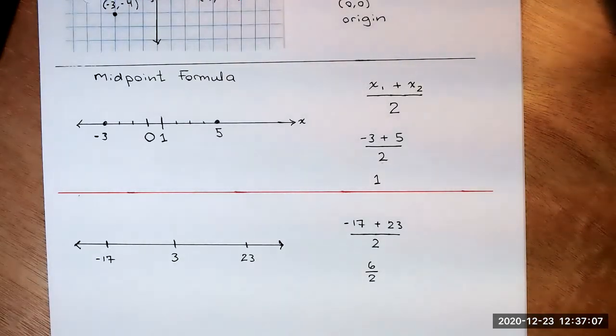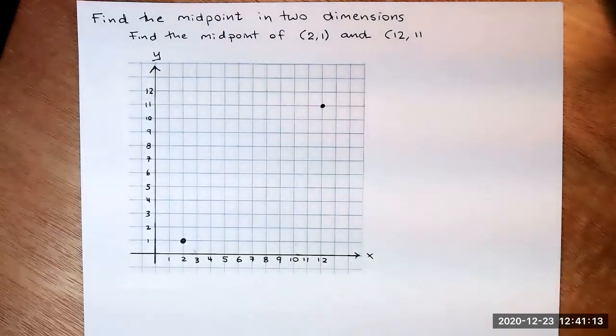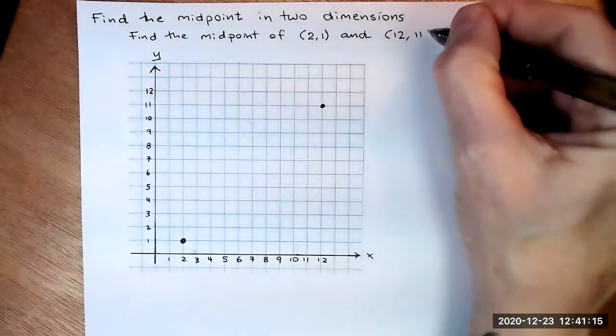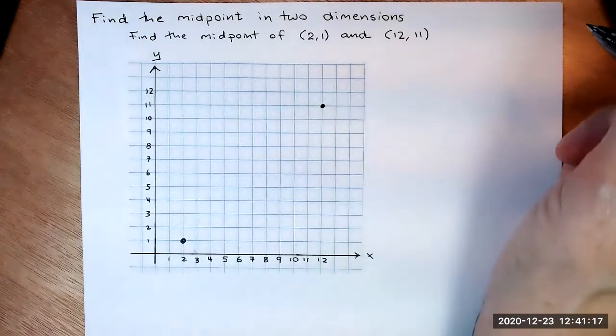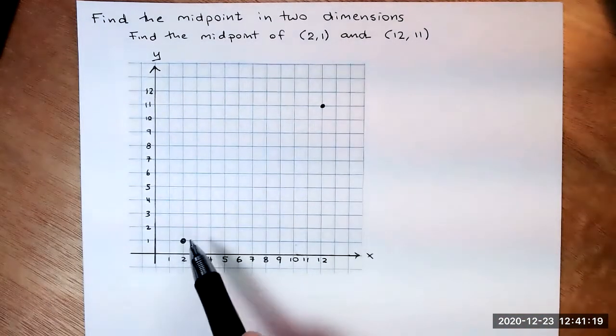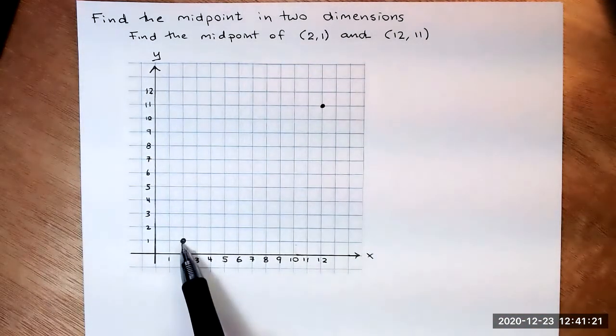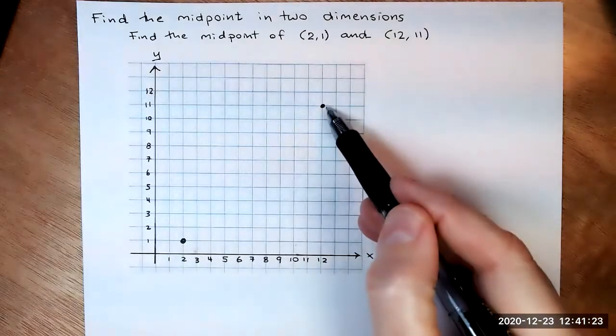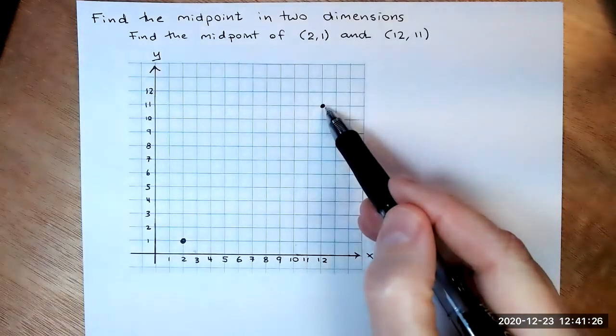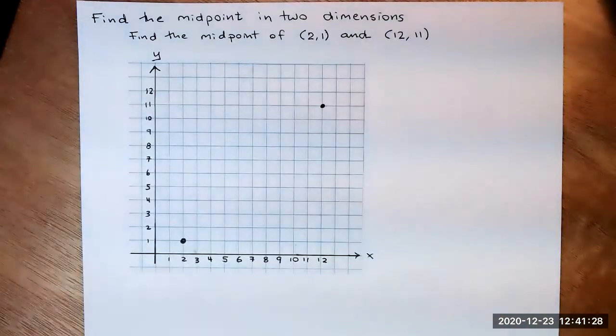How do we find the midpoint in 2 dimensions? All right, let's find the midpoint in 2 dimensions. So we'll find the midpoint between 2, 1 and 12, 11. Let's draw a line between those 2 points so we can visualize it better.